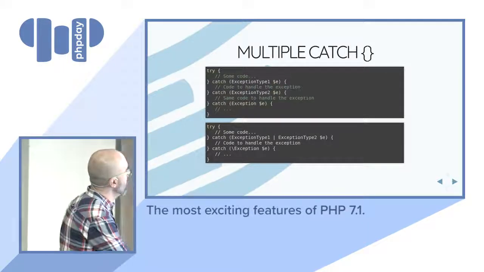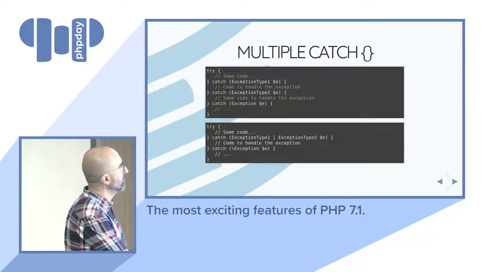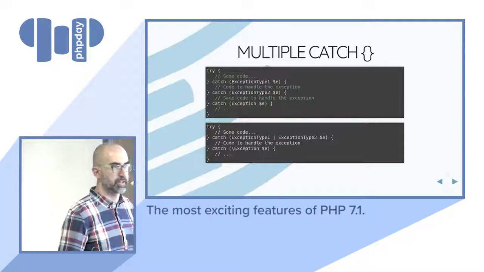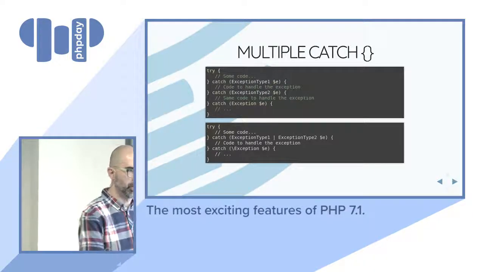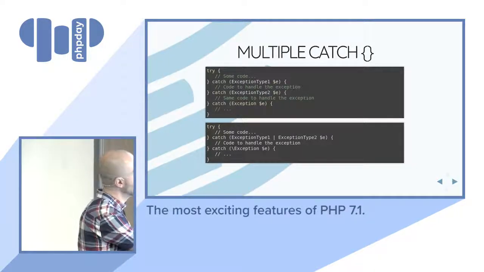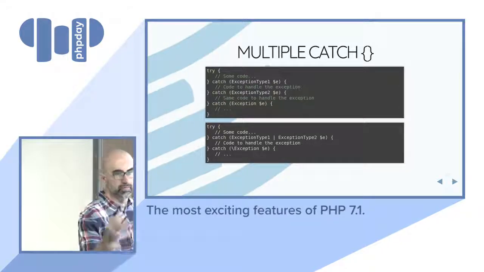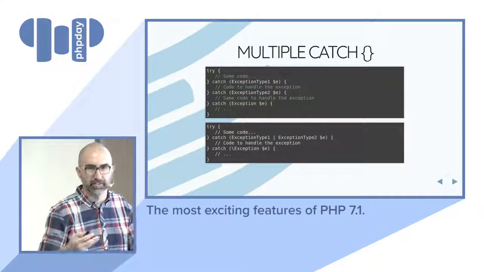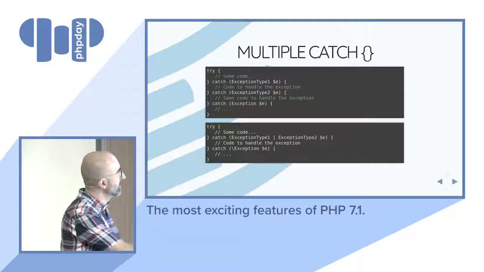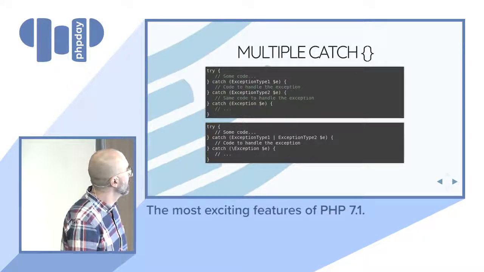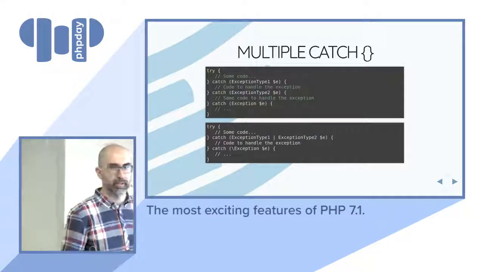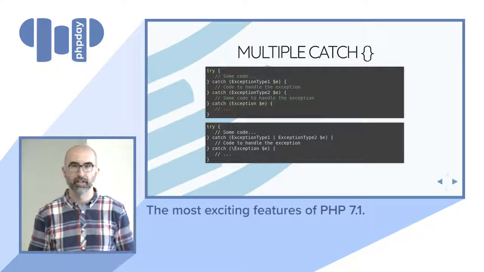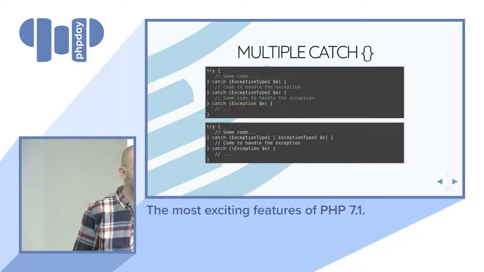Sometimes you have some code and you need to catch more than one exception, but the code that manages the exception is the same, so you have to copy and paste, or do other tricks to get this exception flow working. And as you know, copy and paste is the evil of software engineering.